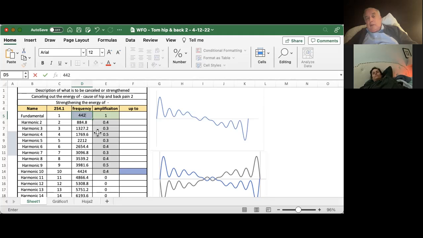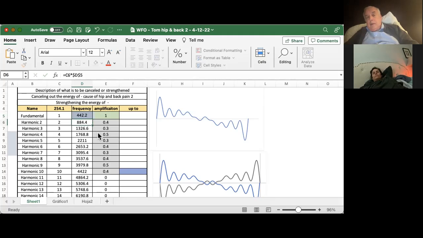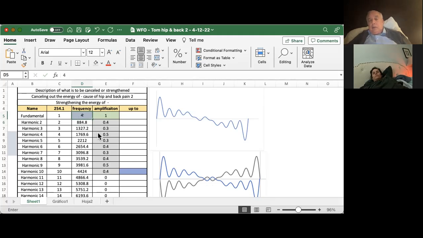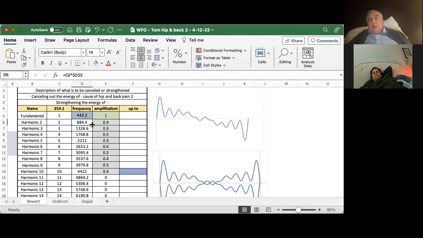And the last one is 0.2. So I do that, and that gives me the frequency.